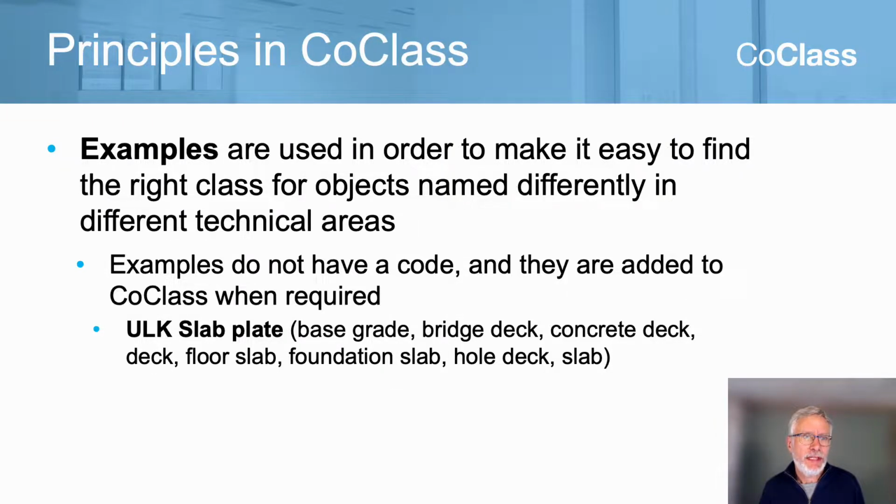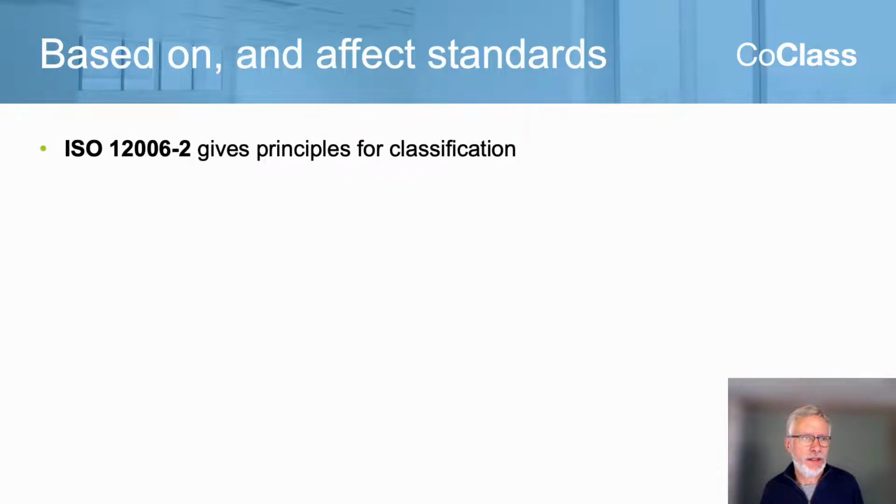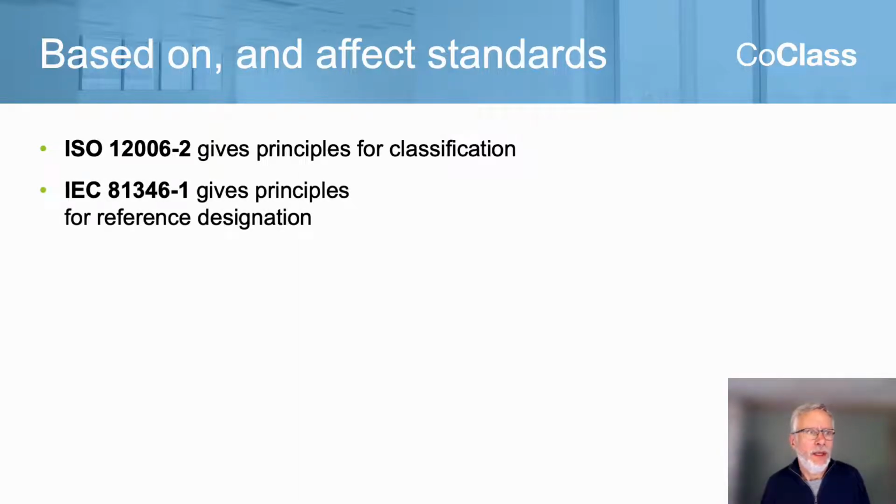One very important aspect of CoClass is that it's based on standards, but also the other way around. It can affect standards. We have this ISO 12006-2, which gives the principles for classification. The IEC 81346-1, principles for reference designations, identification of objects, and I will talk more about that later.